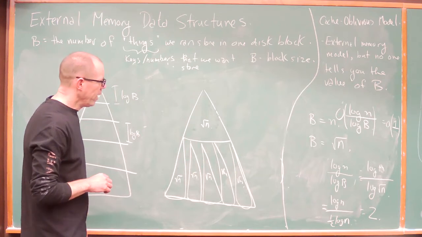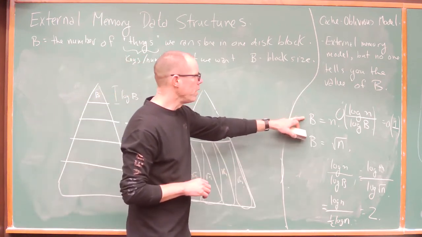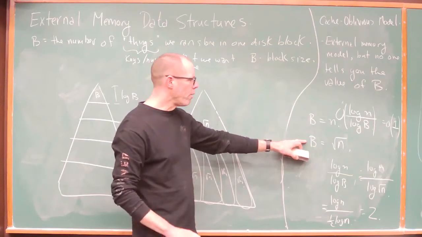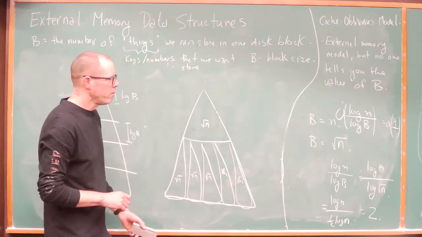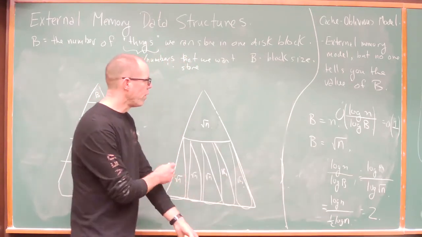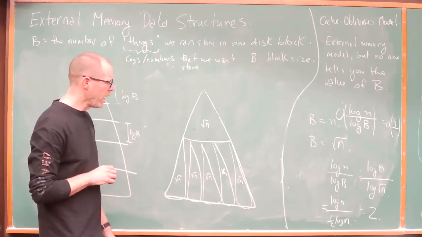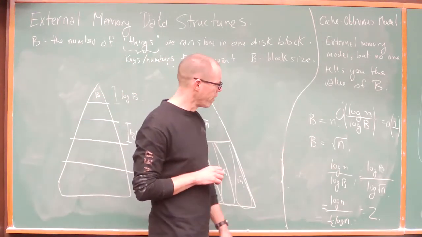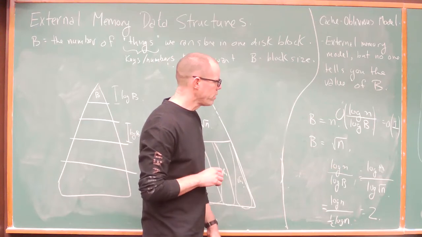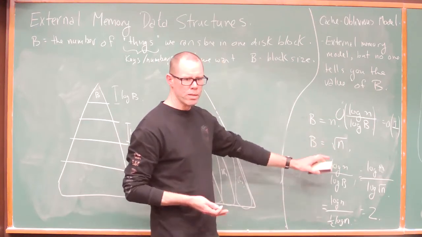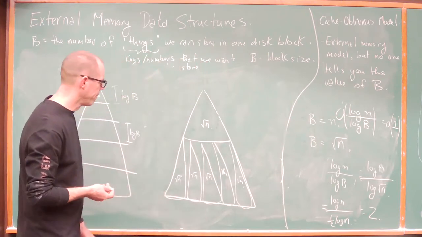So we don't have to worry about the case when b equals n, we'll settle for solving the case b is square root of n, and that's only a factor of 2 off from the case when b equals n, or anything in between. As soon as you're bigger than square root of n, the answer is going to be somewhere between 2 and 1. So if I can do it in 2, that's great. Okay.